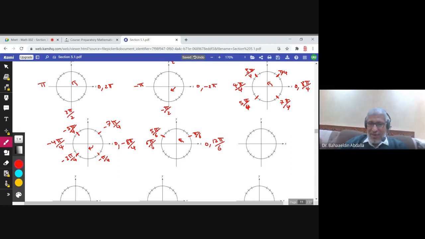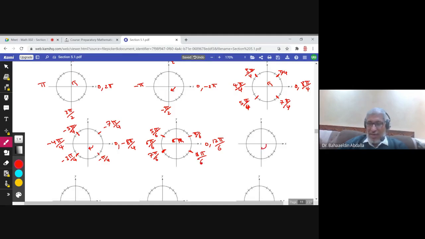If this is 6 pi over 6, the one after it would be what? 7 pi over 6. You are going in the positive direction, okay? So this is 12. The one before it is 11. This is 11 pi over 6, okay?